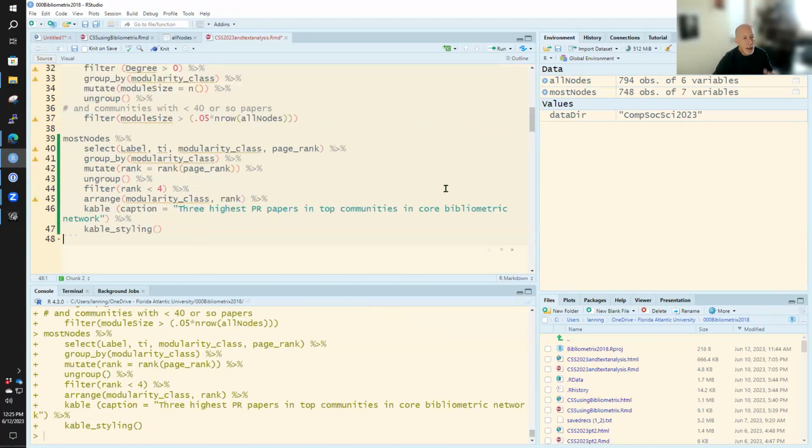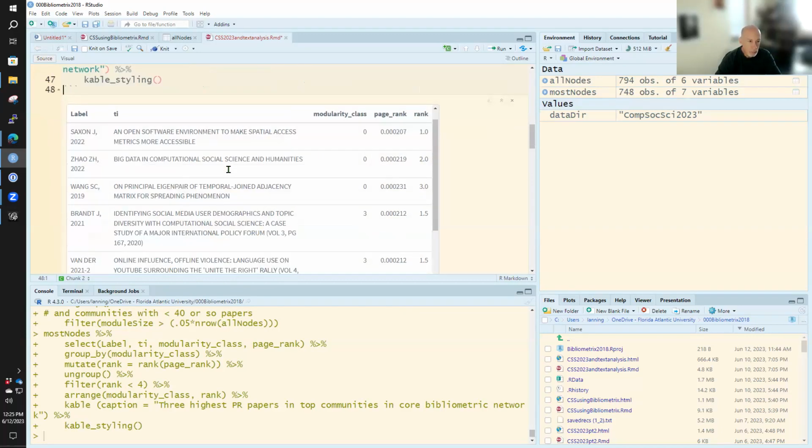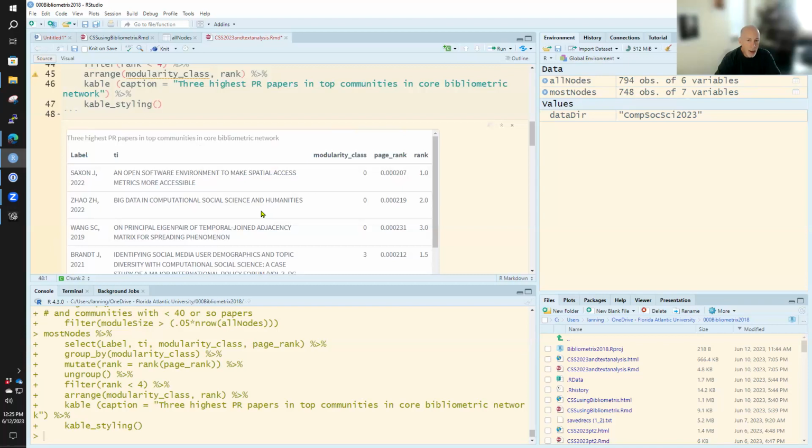We select these, and again, what we want is, so here is modularity class 0, including the top 3 papers based on the page rank in the overall network. Okay, that's not page rank within this community. That's page rank overall, and that's going to be fine for us here.